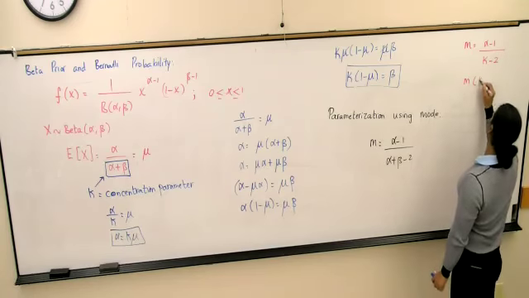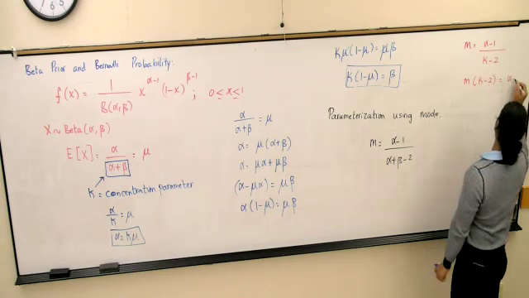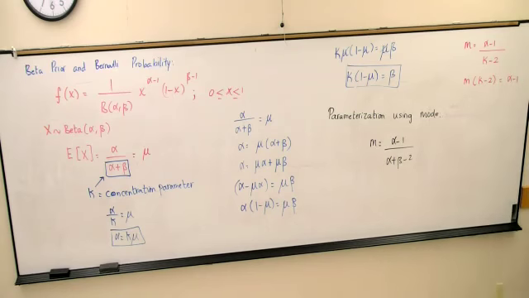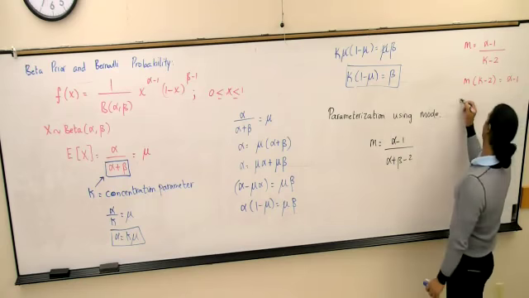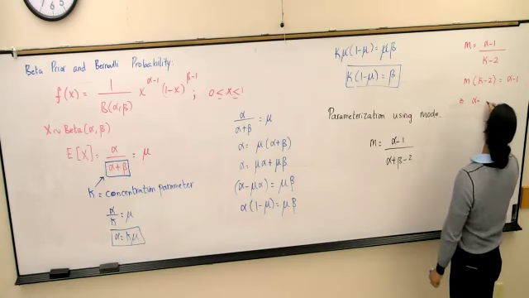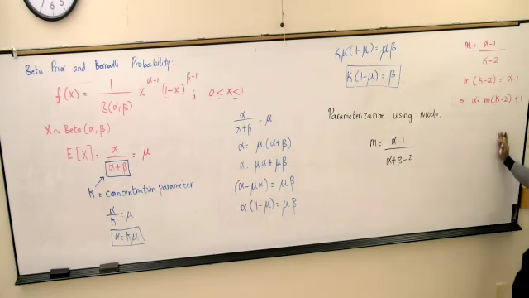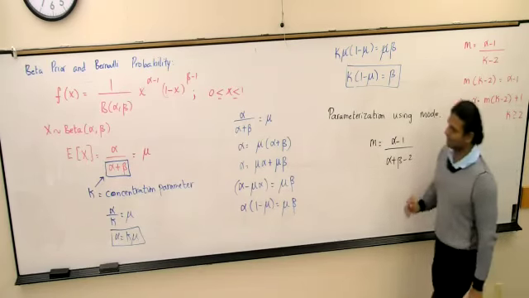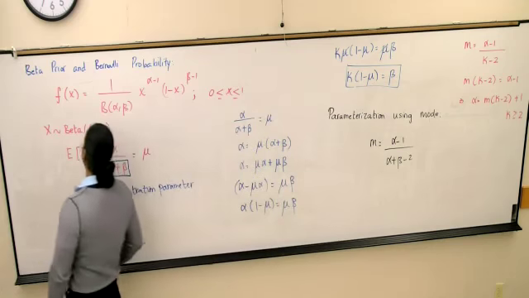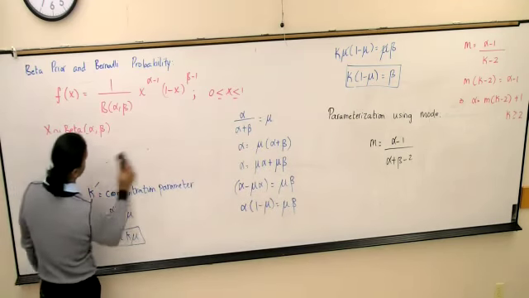m times kappa minus 2 would be equal to alpha minus 1, which would imply alpha equals m times kappa minus 2 plus 1. Of course, if we're going to use the mode, kappa better be greater than or equal to 2. So we found alpha and wrote alpha in terms of the mode m.